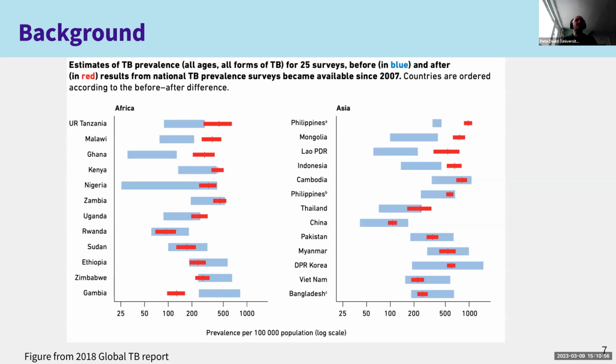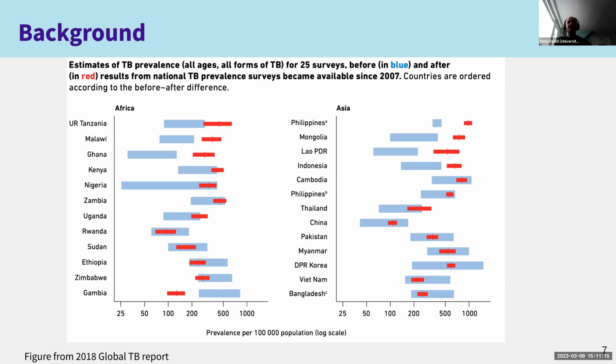So here's an example actually from the 2018 report that was kind of specifically looking at the way prevalence surveys, as they came in, made an impact on estimates of TB prevalence in those countries.